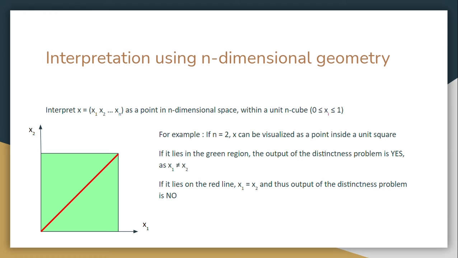The only place where x1 will be equal to x2 will be on the red line, because at that point x and y coordinates would be equal, and thus the output of the distinctness problem would be a no. Okay, so the interpretation of the input can be done in this way using n-dimensional geometry.